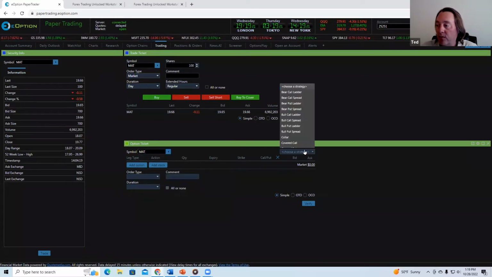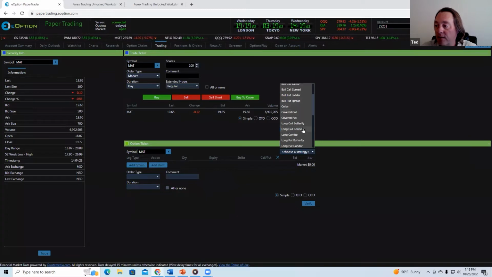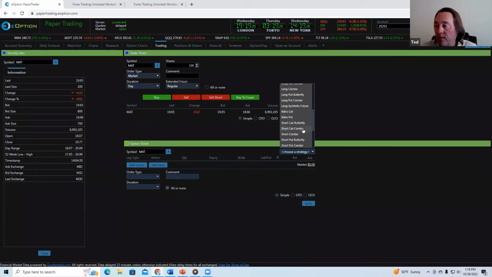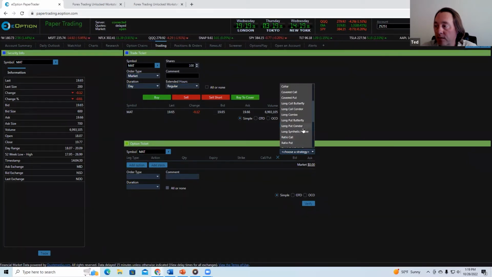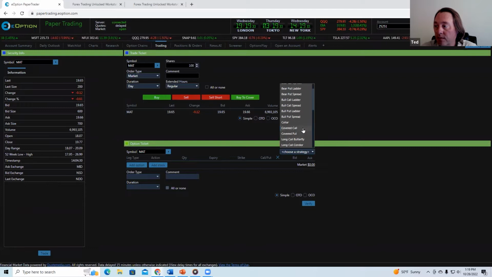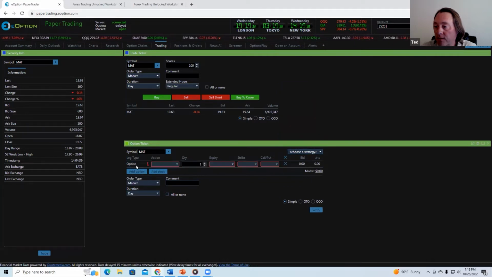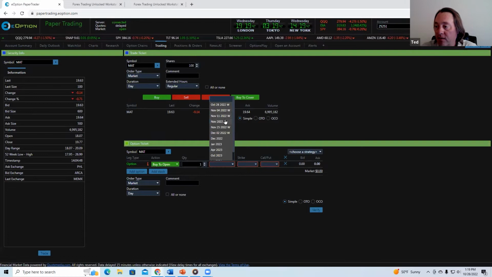Now we want to buy a... where is long? Where's the cut? No, we don't want that. Okay, option, buy to open, quantity 1, expiration is November.